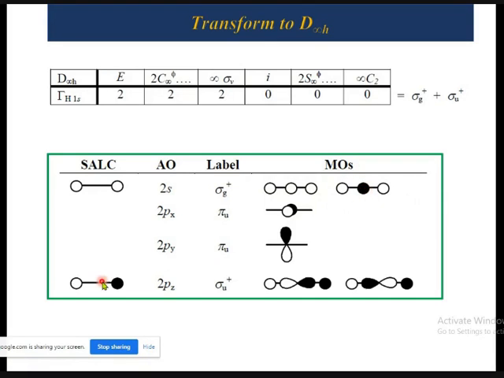Right? Now let us find out with respect to the second SALC first. So here, if you see in the pictorial, both H are having different phases. So always remember, you have to first construct the MOs of bonding prospect.